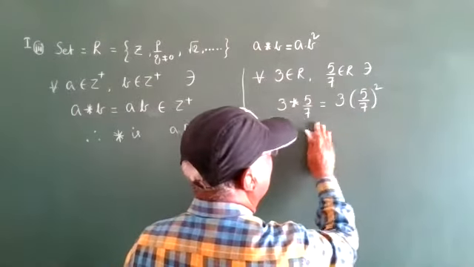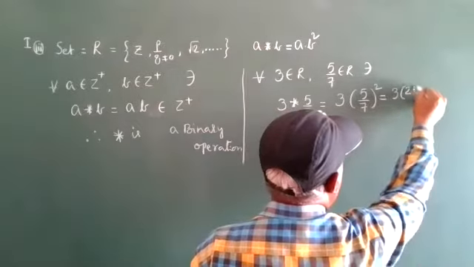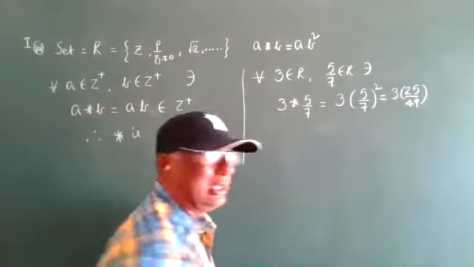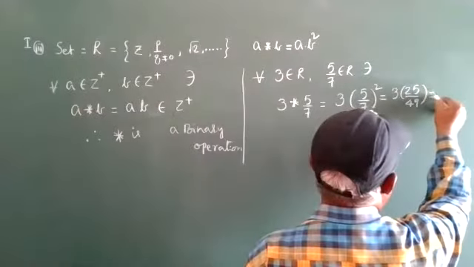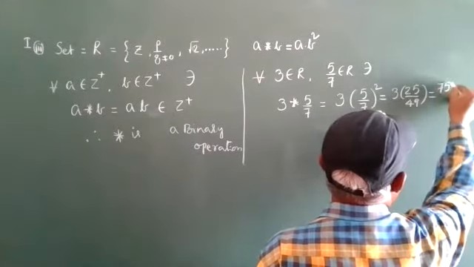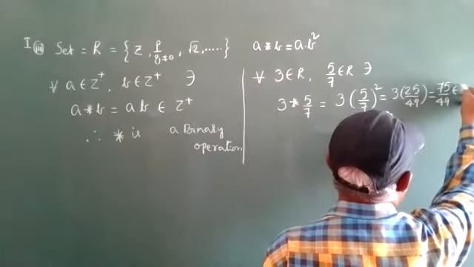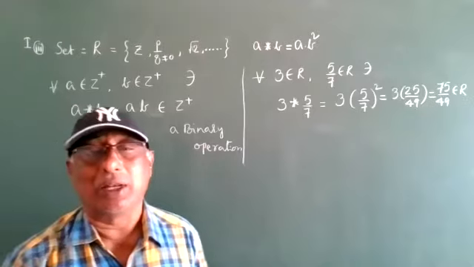That is equal to 3 into 25 by 49. 3 into 25 is 75 by 49. Again, it is a fraction, and every fraction is a real number.